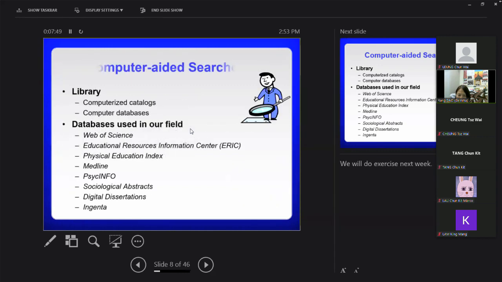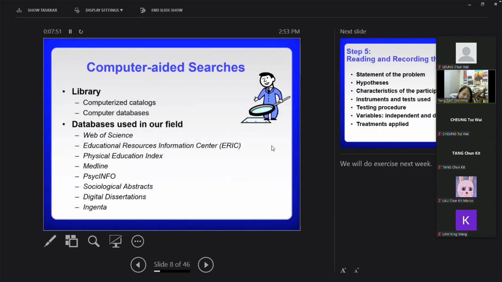Computer-aided search has become more and more popular and the most commonly used way for searching the articles. We can do it in the e-library or the physical library, because there are some catalogs and databases in the e-library.